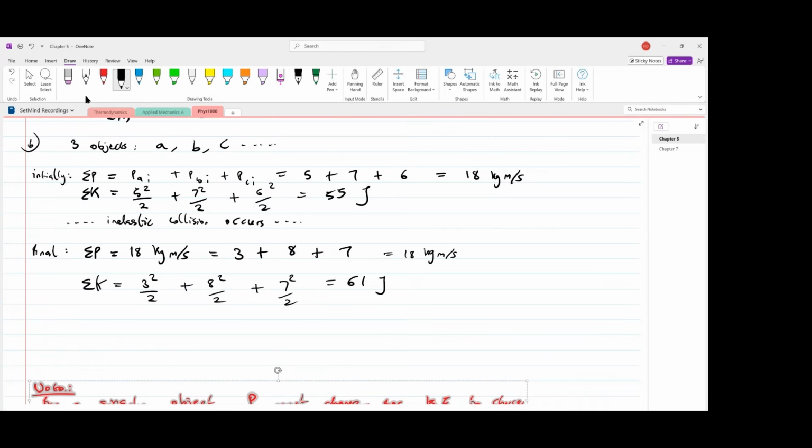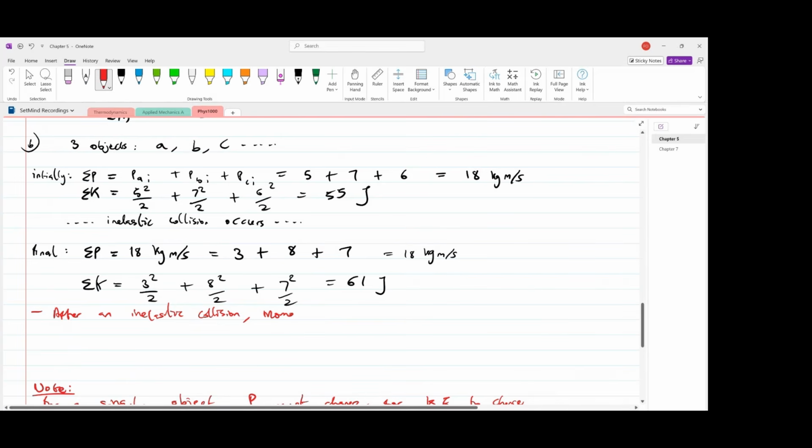Let's just come up with something. Okay, so you don't have to write it exactly how I write it, but the way I would write it is: in a system, or let's say after an inelastic collision, momentum stays constant, right?